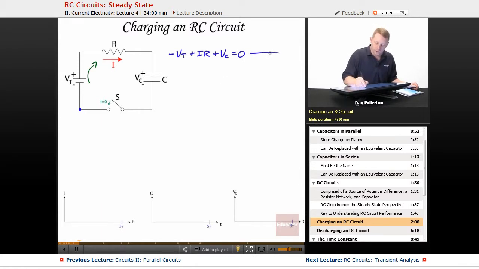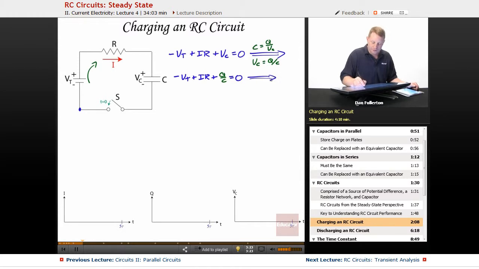All right, well, we also know that our capacitor is charge divided by voltage across our capacitor. Therefore, the voltage across our capacitor is Q divided by C. So I can rewrite my equation as minus VT plus IR plus Q over C must equal 0.